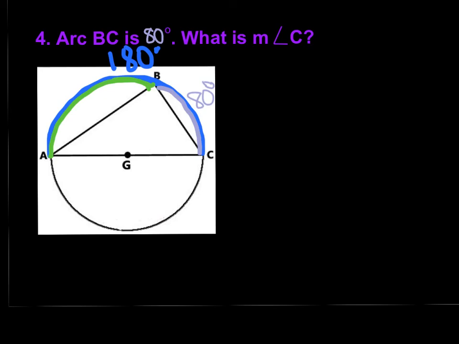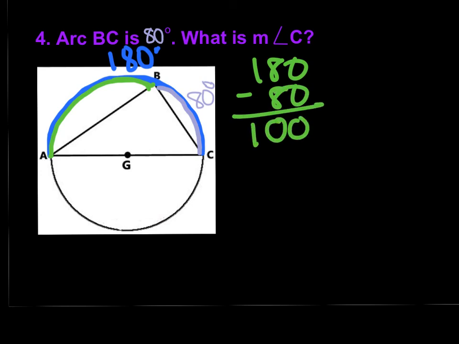Well, if you're thinking that you're going to subtract, then you are correct, because we have one piece that is 80, and we have this green piece over here, and we know that the entire thing has to be 180. So we're going to take 180 minus 80, and that's going to give us 100. So this green arc, arc AB, is 100 degrees.